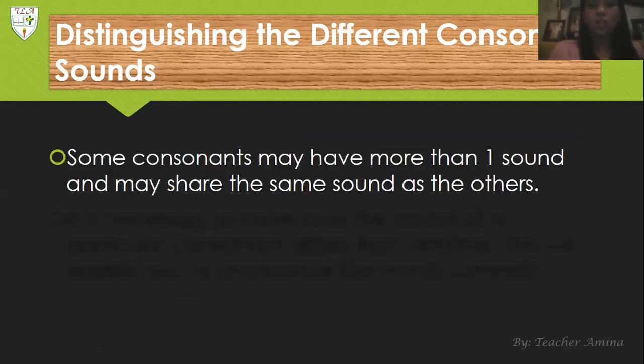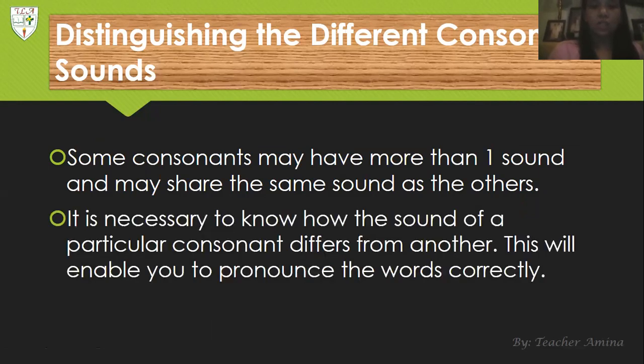So some consonants may have more than one sound and may share the same sound as the others. It is necessary to know how the sound of a particular consonant differs from another, just like the consonant G, which has the G sound and the J sound. Okay, this will enable you to pronounce the words correctly. Let's do this together.